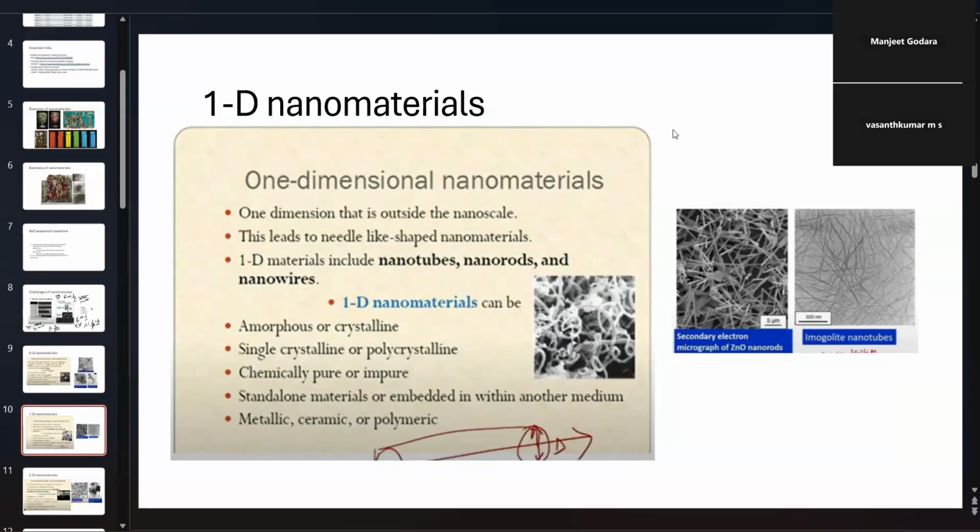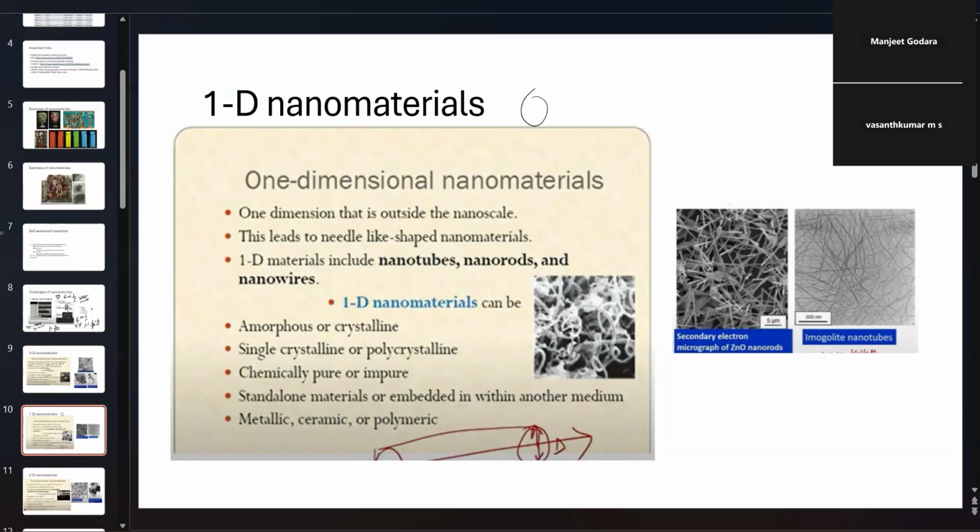Next, you have one-dimensional nanomaterials. One dimension is larger than the nanoscale, and the other two are less than 100 nanometers.